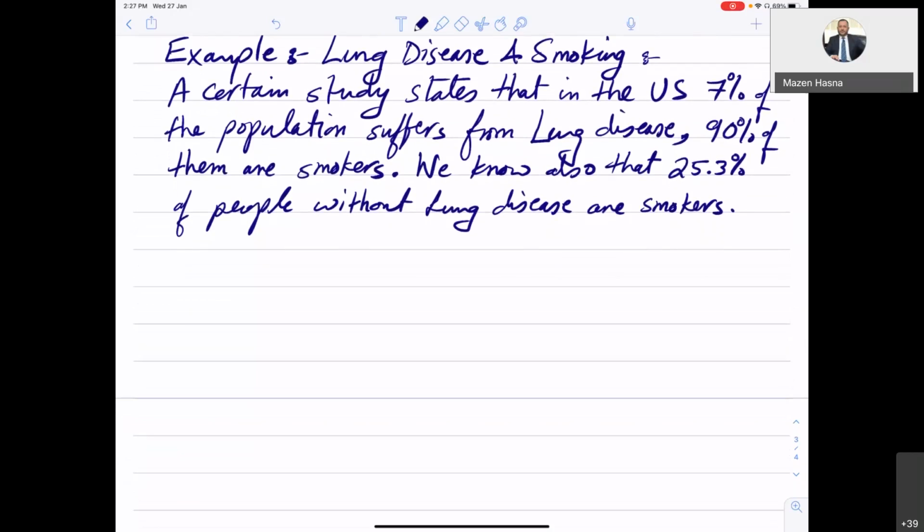Okay. Now let's define the events. Let's define event A. Event A is a person with lung disease.